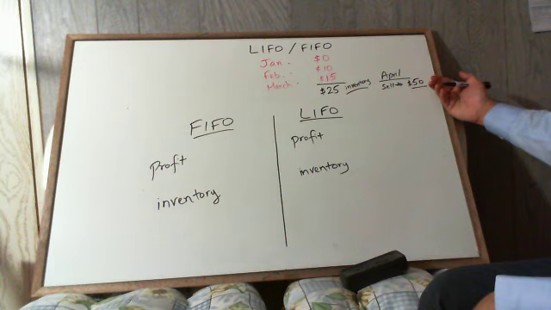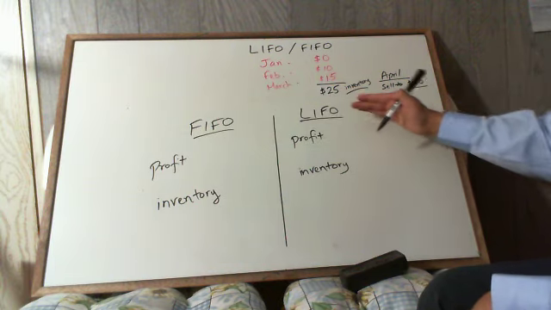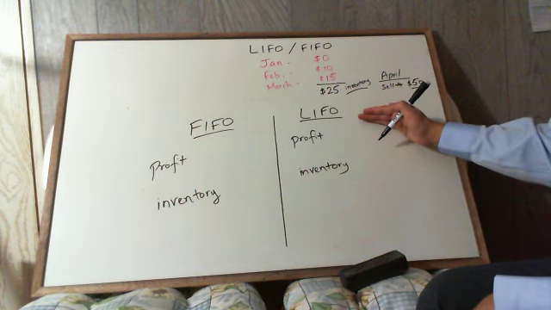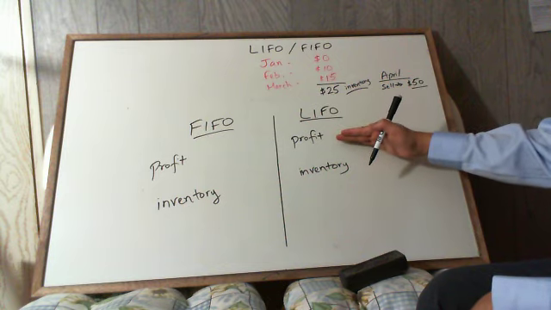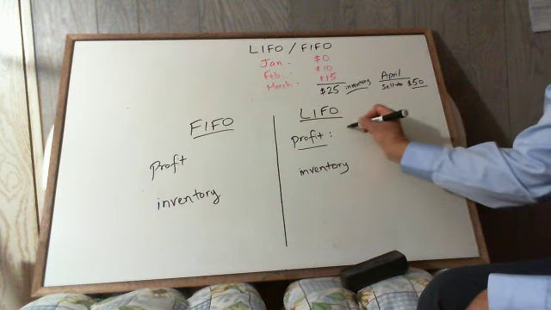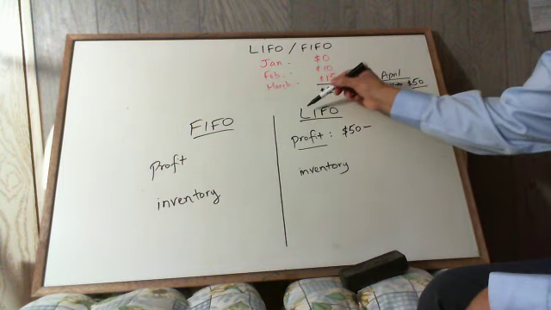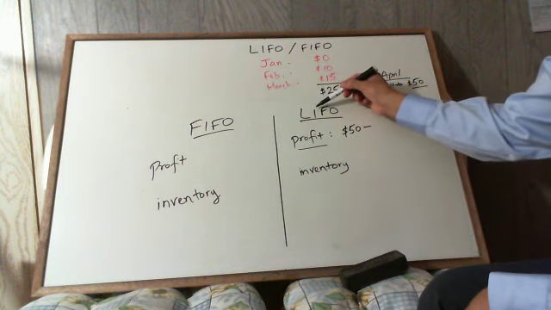So we have two ways. One is called LIFO and the other is called FIFO. In the LIFO calculation for profit, we say that we have sold the product at $50. This is our selling price. And we are going to minus the last in.